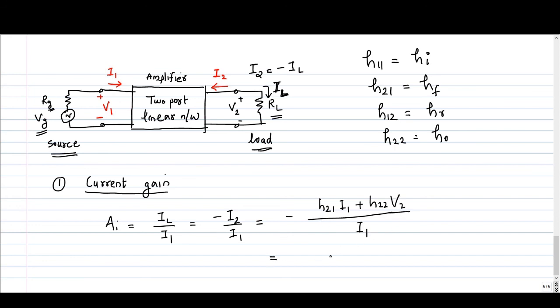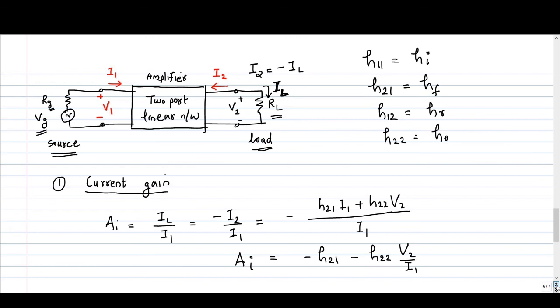So if you simplify this, this becomes minus H21 into I1 by I1 is 1, minus H22 into V2 by I1. Okay. So let us simplify this. So AI is equal to minus H21 minus H22 into V2 by I1.